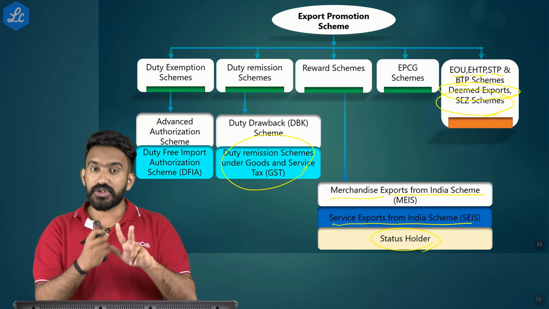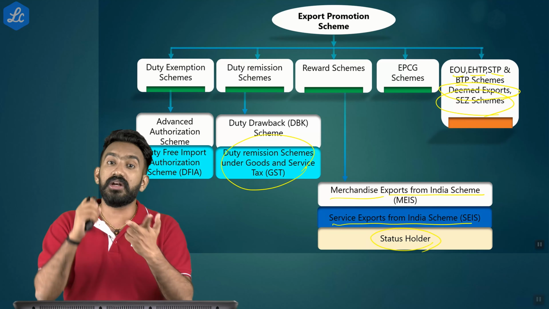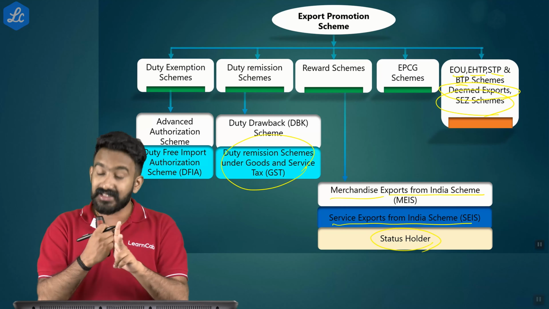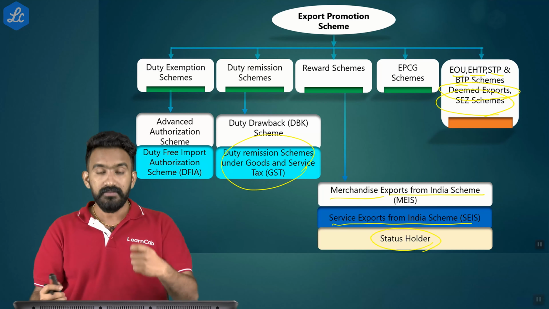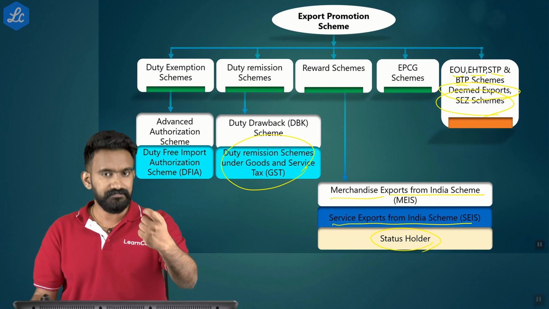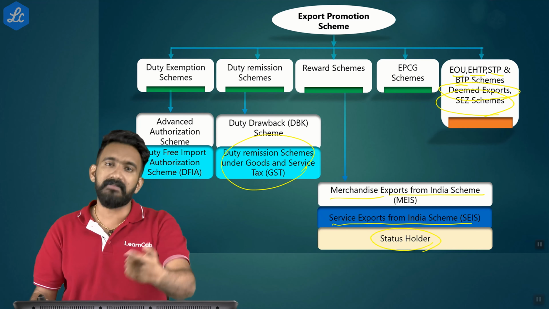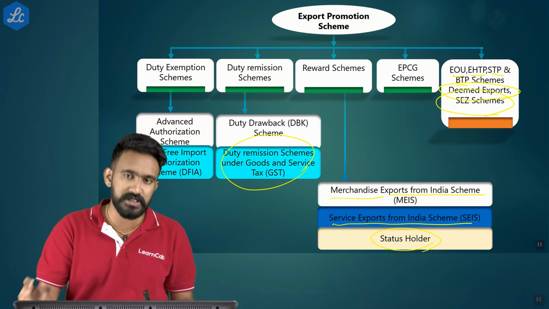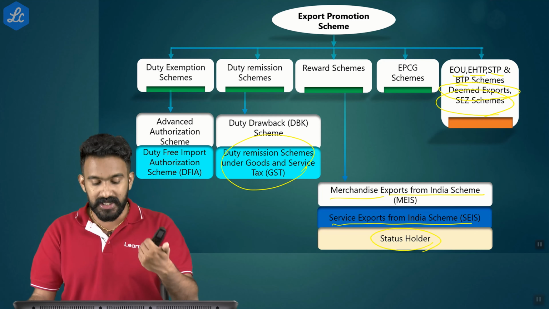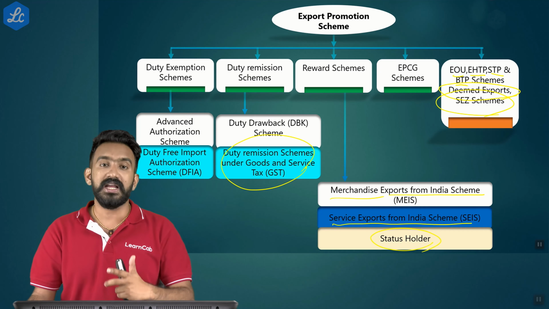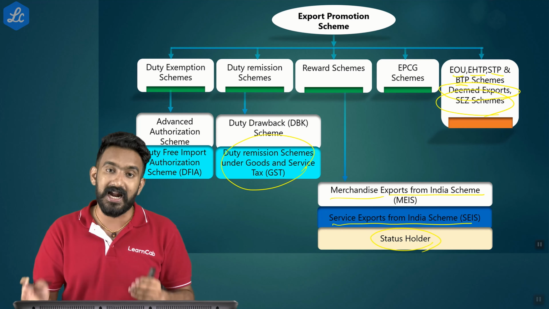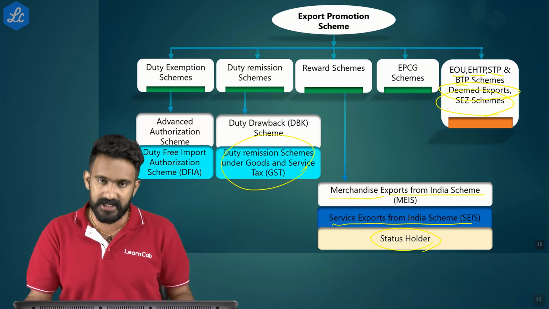Then these two are exemption and remission. Then you have rewards, which means whatever export you do, the government is giving you some kind of reward for making this much export. So that is called Merchandise Exports from India schemes, Services Exports from India schemes, and there is a set of people called status holders who are privileged to do certain exports.